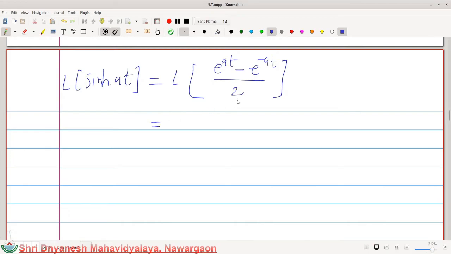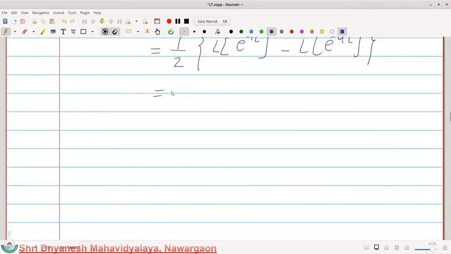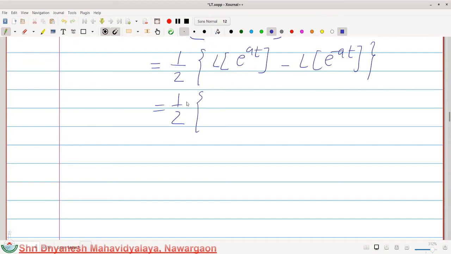By using linearity property of Laplace transform, we can bring 1 upon 2 out. So Laplace transform of e^(at) minus Laplace transform of e^(-at). This equals 1 by 2 times (1 upon s minus a minus 1 upon s plus a).